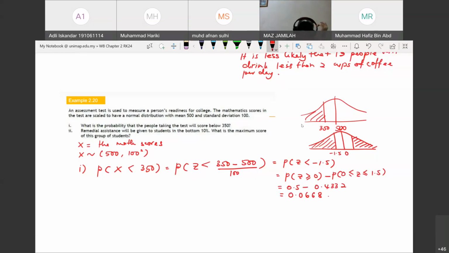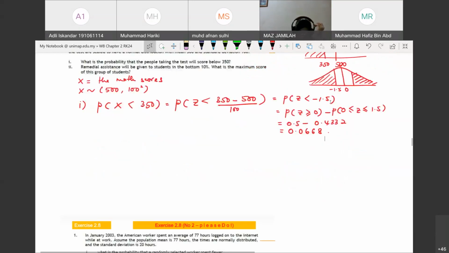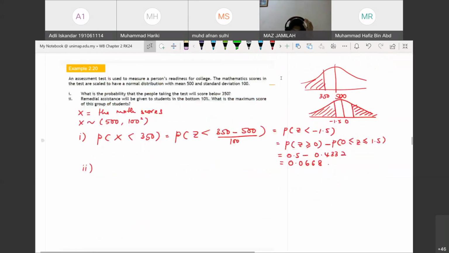What about the second one? The second one says that remedial assistance will be given to students in the bottom 10%. When you see this kind of situation, what comes to your mind about what the bottom 10% means?